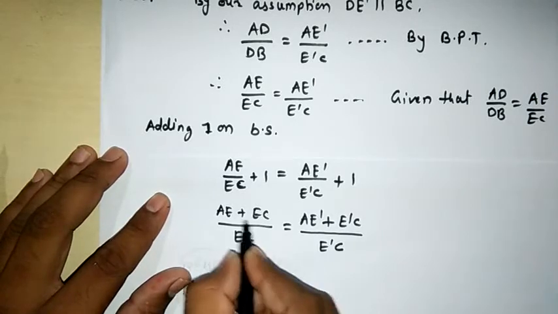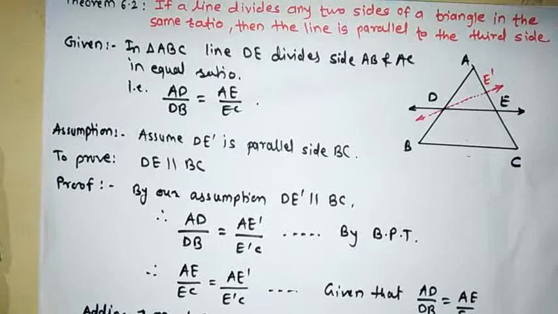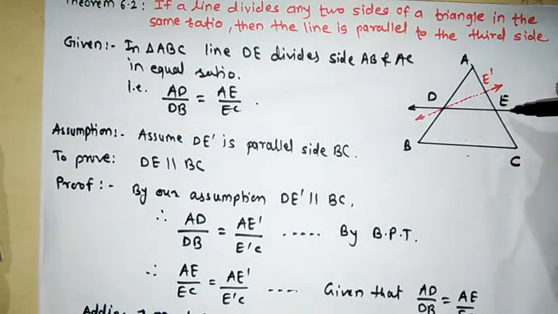Now AE plus EC is equal to how much? See here, observe the figure. AE plus EC is equal to how much? We can say directly AC.